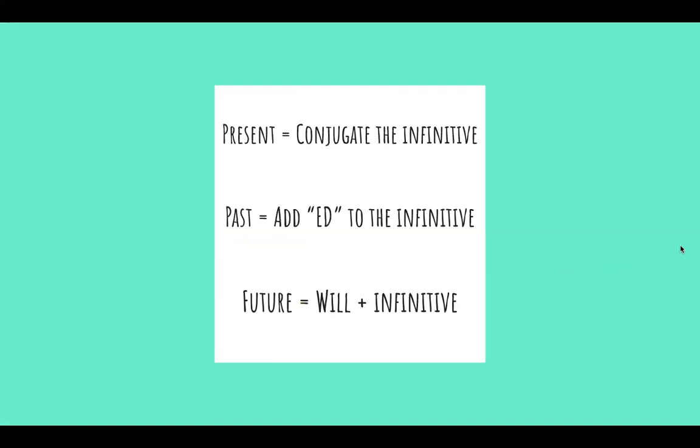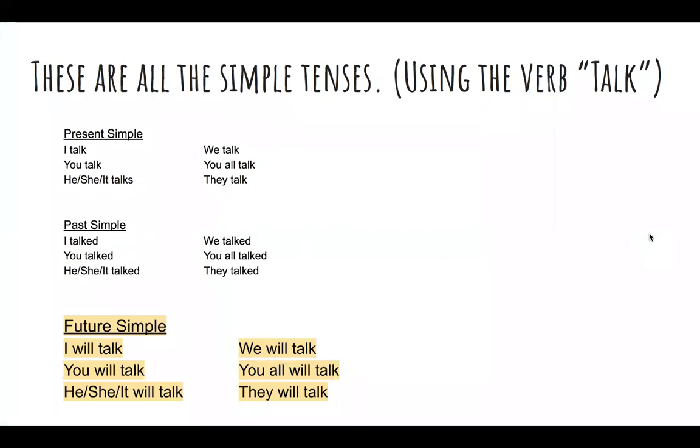Okay, what about the future? The future simple form is will plus infinitive. So you can see that I will talk, you will talk, he will talk, she will talk, it will talk, we will talk, you all will talk, they will talk. Okay?